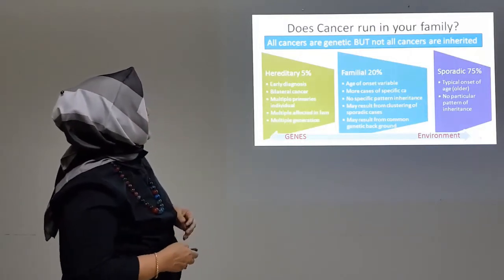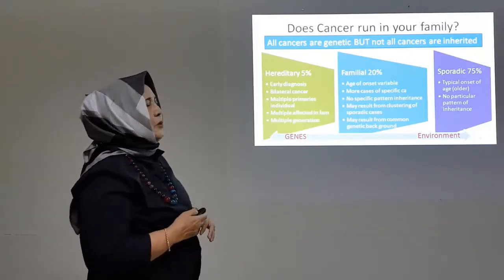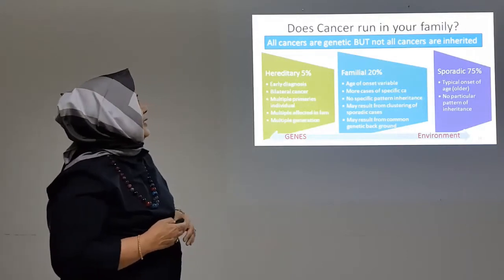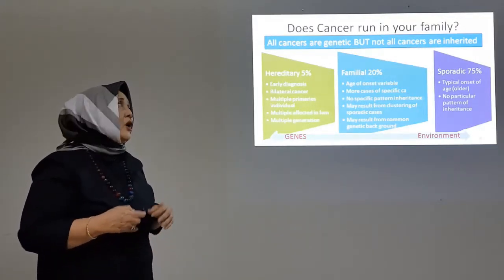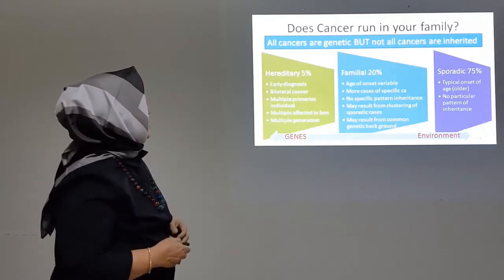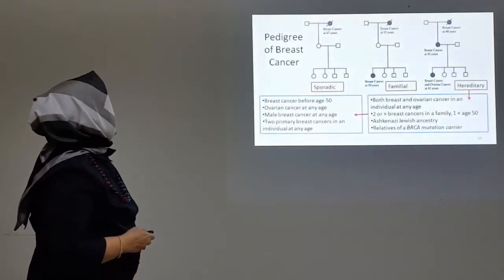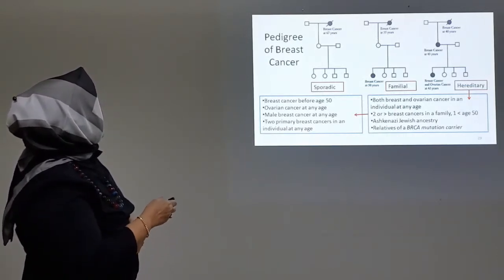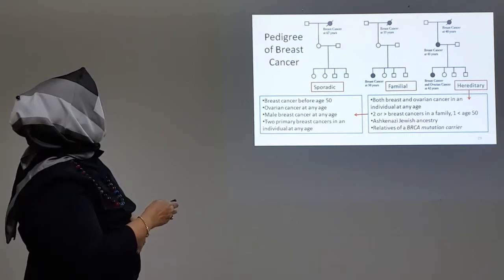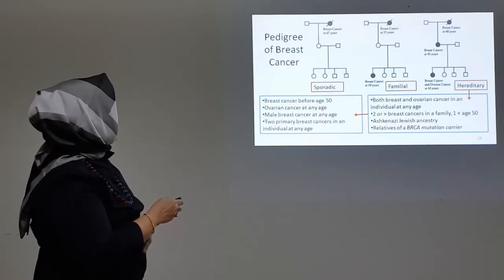And the next one is the sporadic one. It's usually only one affected in the family, and usually they get it when they are in old age. Next, you see the pedigree. This is the sporadic one. They got breast cancer at 67 years old.